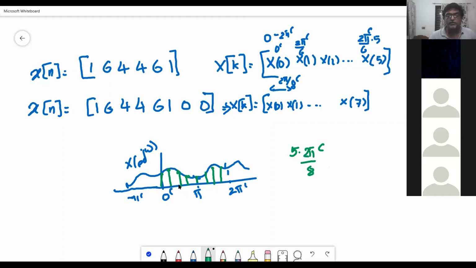So this is 0, 1, 2, 3, 4, 5. So here, this is the value. Unless you have a sample at this value, you will not be able to capture what is the value here. If the separation was only 2 pi by 6 radian, then you would not have had a sample at 5 into 2 pi by 8 radian. So that is the advantage, that is the significance of zero padding.